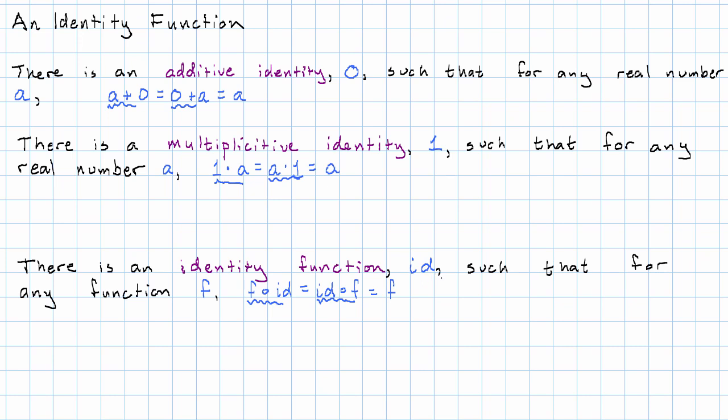Right, we call it little id, id for identity, and it's the function that doesn't do anything. Whatever input you give it, it just gives that input back as output. Right, and it's easy to see that that's not going to change anything in composition.